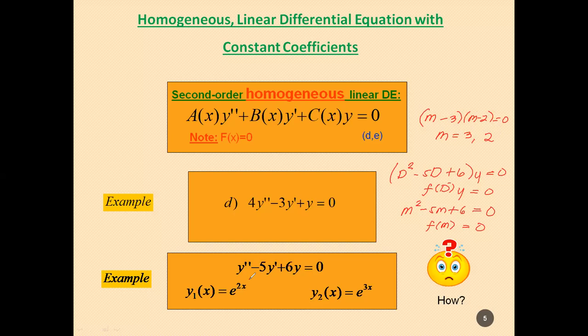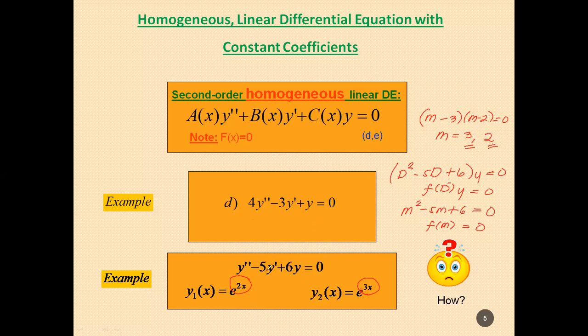Now you see this? The arguments of the exponential functions were based on these roots of your characteristic equation. If you have real roots, the terms that appear in the general solution of your higher order homogeneous DE will be exponential functions in which the exponents are the characteristic roots, which are said to be real.